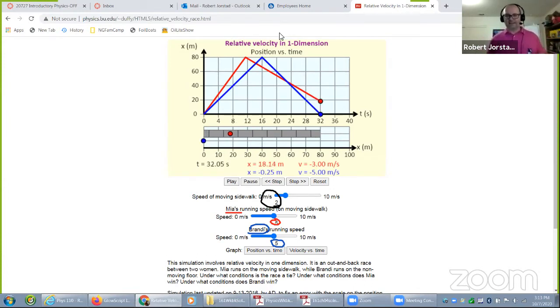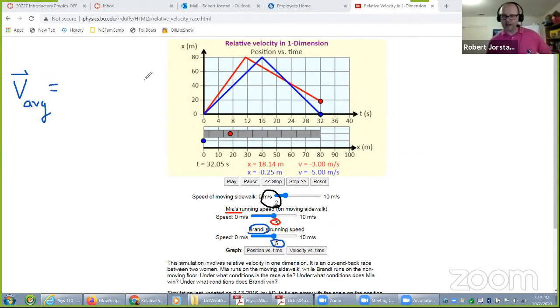Right at this instant, I have a question for you, a review question here. What is the average velocity of the blue? I'll check the chat here.